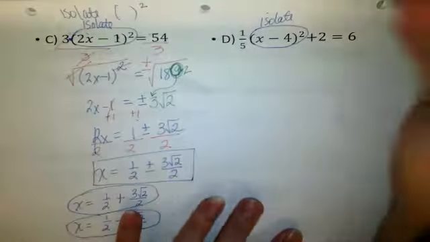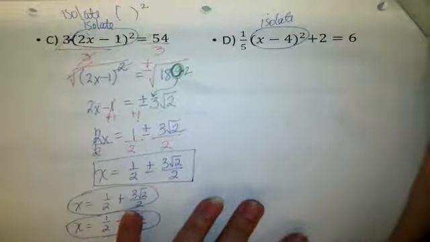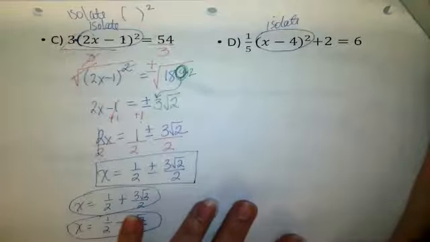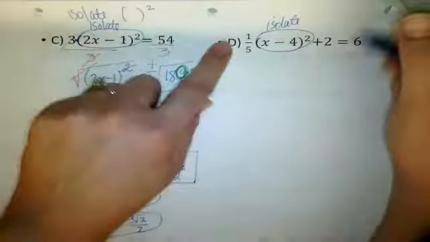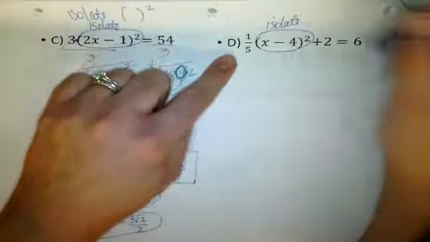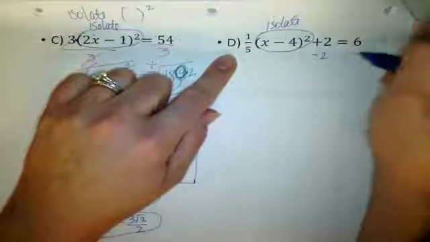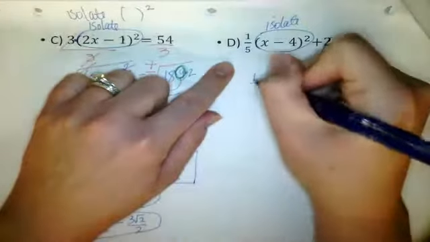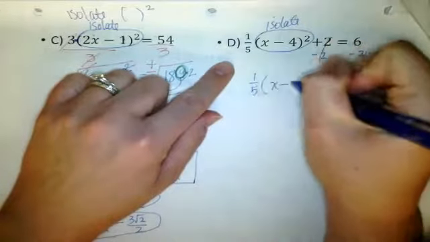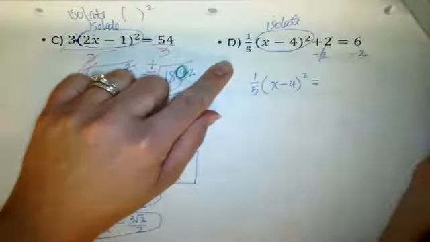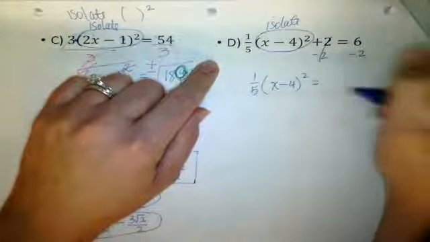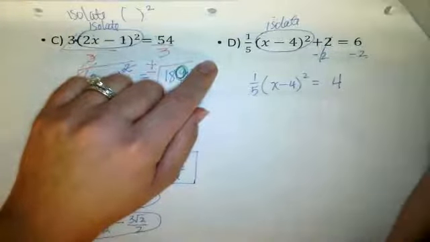So what do we want to get rid of first? The 2. Remember, we want to do any adding or subtracting. So we have this plus 2. We can subtract it to the other side. 1/5 times the quantity x minus 4 squared equals 6 minus 2 is 4.